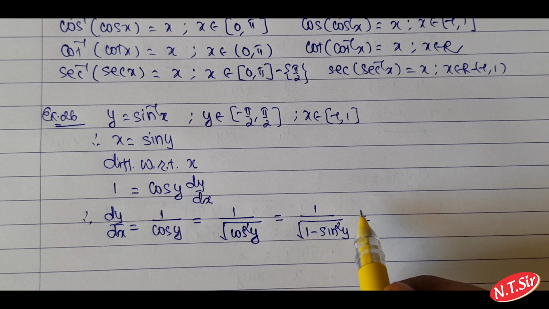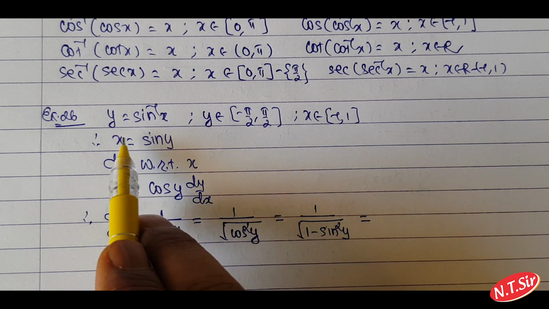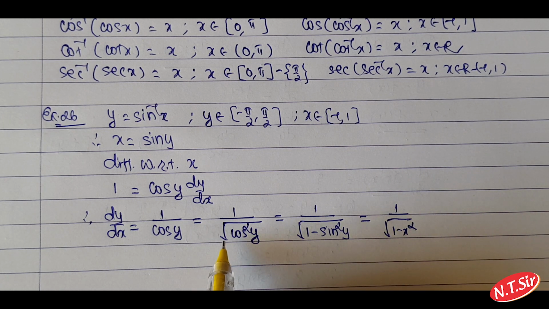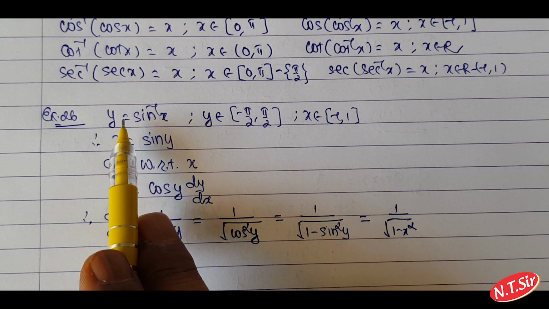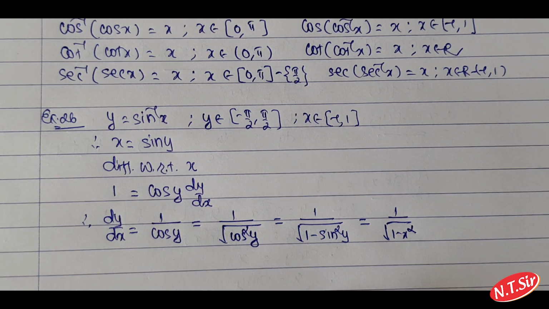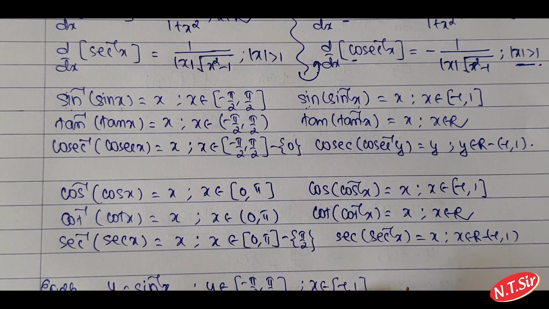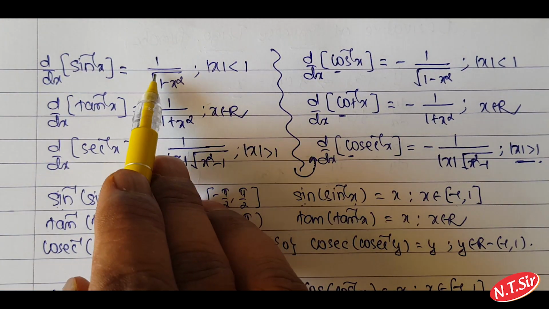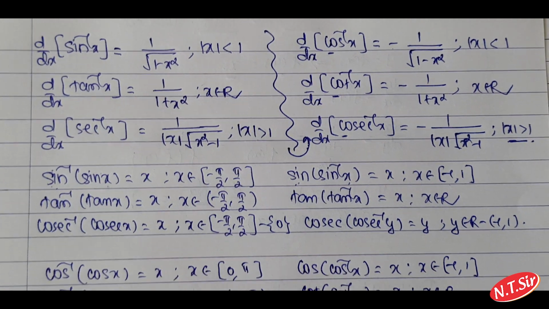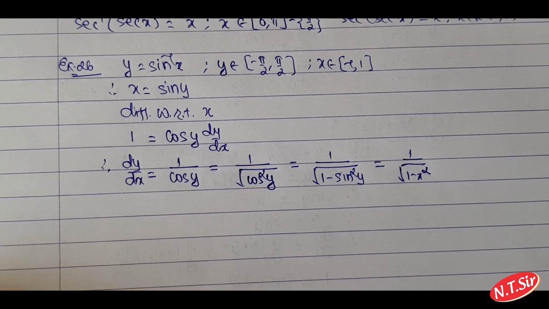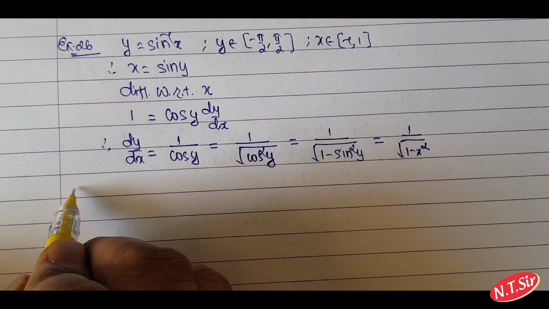Now sin y is x, so this is 1 upon under root 1 minus x square. So आपका आंसर आ गया, y इक्वल साइन इनवर्स x का डेरिवेटिव 1 upon under root 1 minus x square, as we proved in the formula also that derivative of sin inverse x is 1 upon under root 1 minus x square, right.